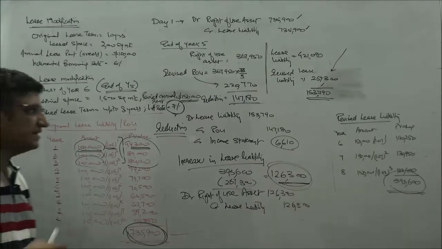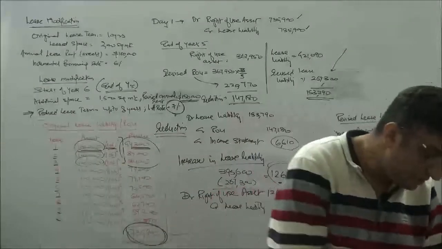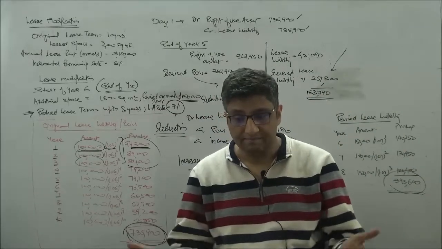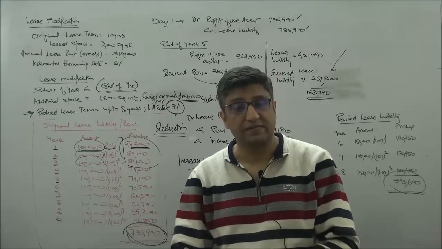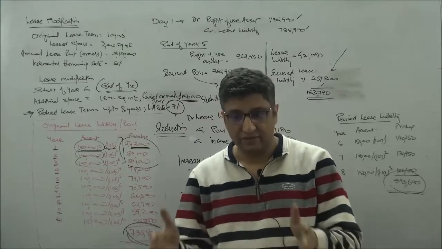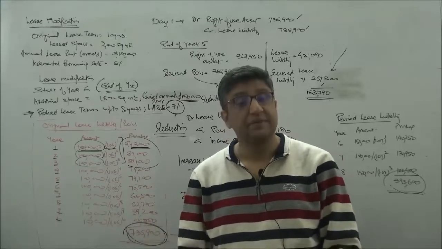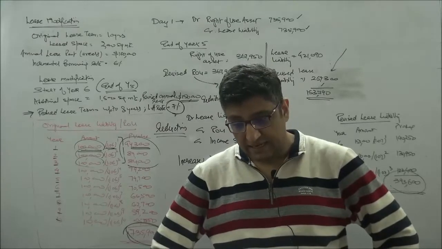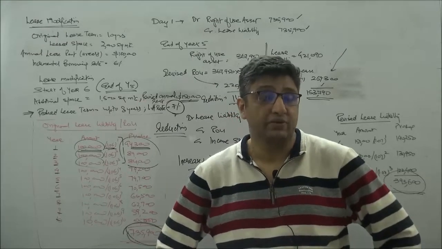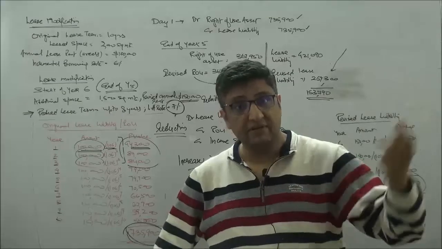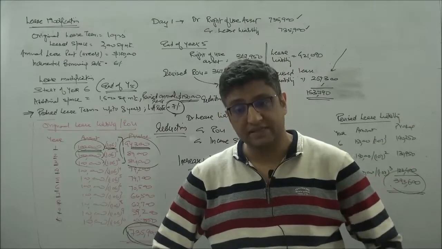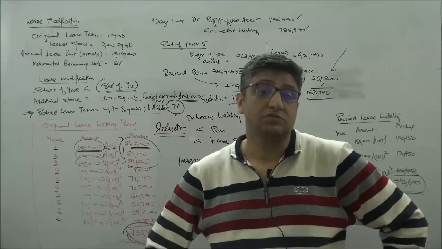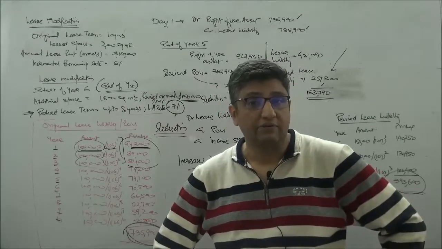So all you need to observe here is that when you look at both modifications, coming out of a reduction in the scope as well as an increase in the scope, see to it that you are able to remeasure your lease liabilities and assets at the same time, at the time of modification, and any difference between the two shall be taken to the income statement, and after that any further enhancement to the scope shall be taken as an increase in the lease liability as we calculated here, and the corresponding impact of course goes to the value of right of use asset.